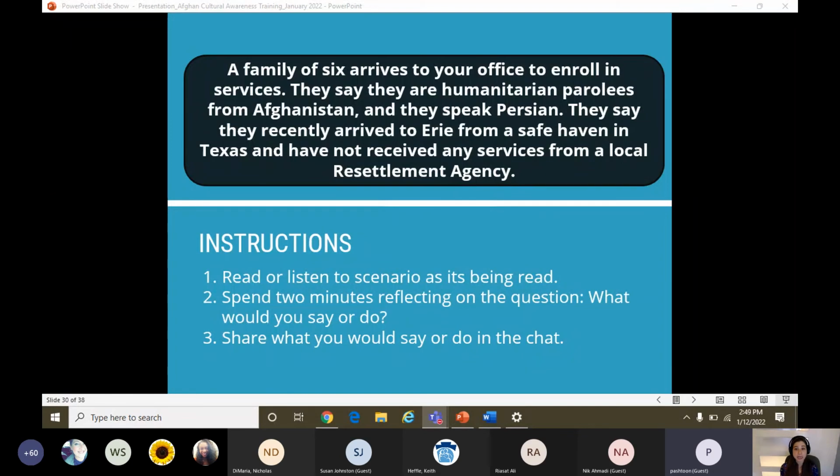Or is it that they independently departed a base and don't know where the resettlement agency is? If it's the latter, it's important that you give them the information so they can see if they can get services. But it's also important to remember that it's not guaranteed. So don't tell them that it's guaranteed the resettlement agency will be able to help them. Perfect.